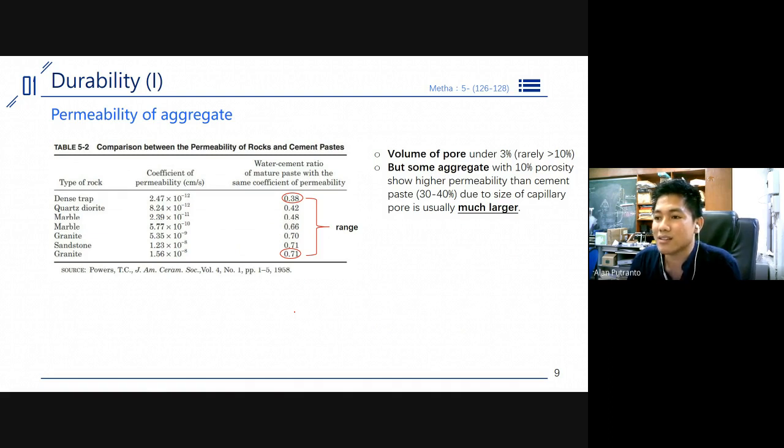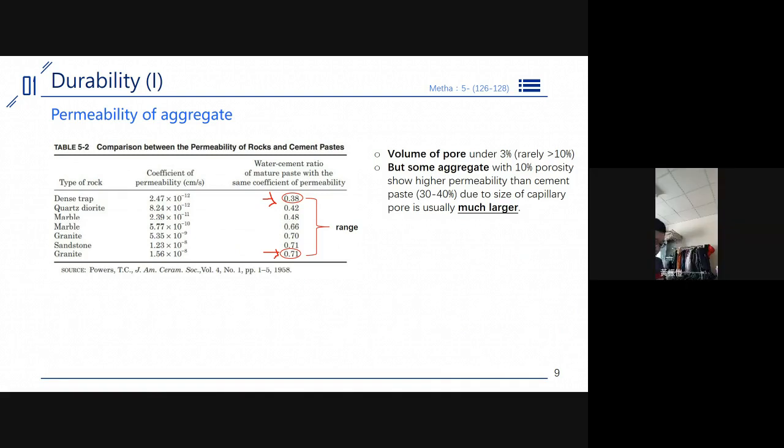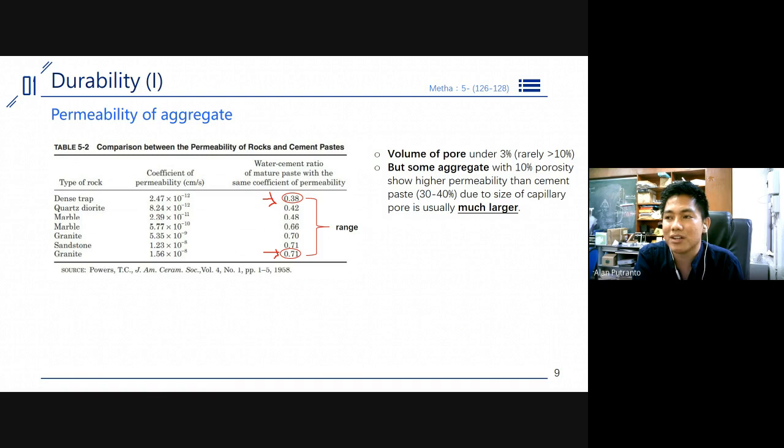This is the water cement ratio that has the same coefficient of permeability, and this is the range of coefficient of permeability for an equal water cement ratio. Maybe our seniors have already seen this kind of table. So different types of rock will have different permeability.